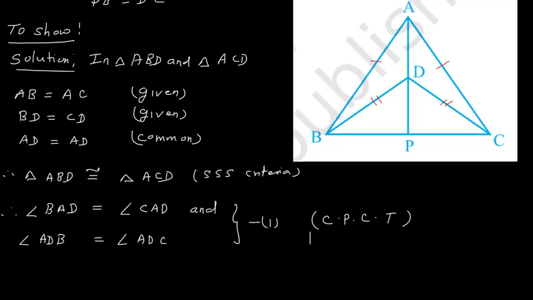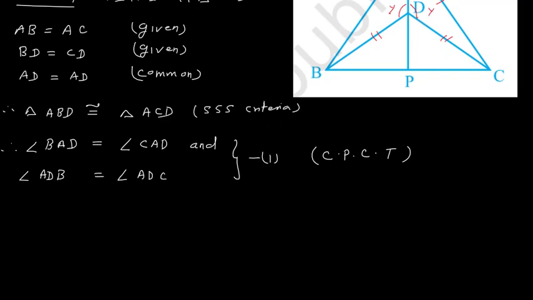So here we have shown that this angle and this angle are equal. You can mark them with some letter, let's say x, and this angle and this angle are equal, you can mark them as angle pi. So we have proved this first part. Let us keep this first part in some box.